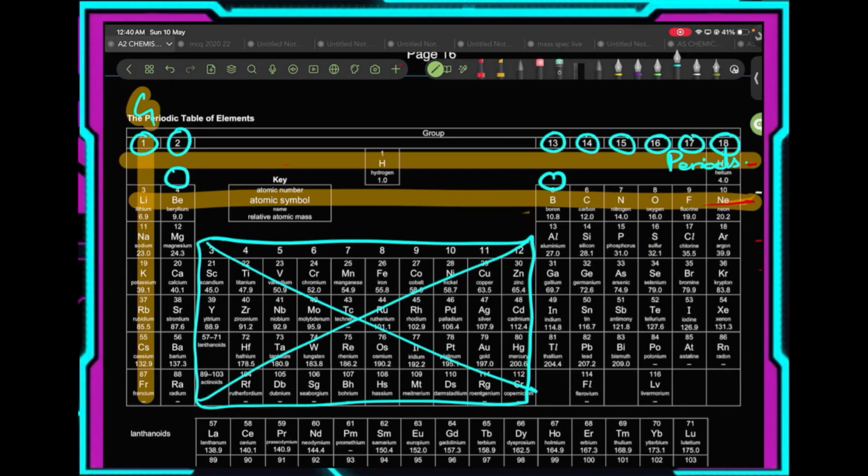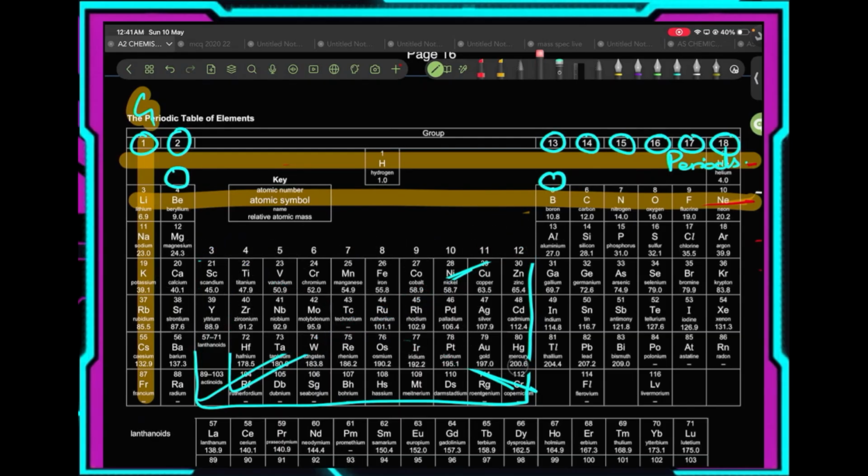So that would make 8 groups if we do not count the 10 groups of the elements in between. These are called transition elements. But if we do count these 10 groups, then group 3 would be group 13, group 4 would be group 14, group 5 would be group 15, and so on, till group 8, which would be group 18.